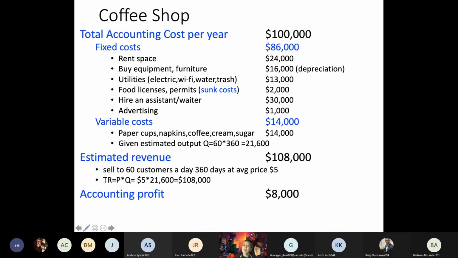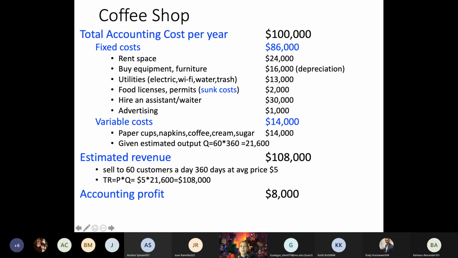So $160,000 you're going to spend today, but you're going to depreciate 1/10 of it, so $16,000. And then you have to pay utilities. You have to provide Wi-Fi, electric bill, water, trash, and all that. Let's just eyeball it, like $13,000 or so. You need to get food licenses and permits, $2,000.